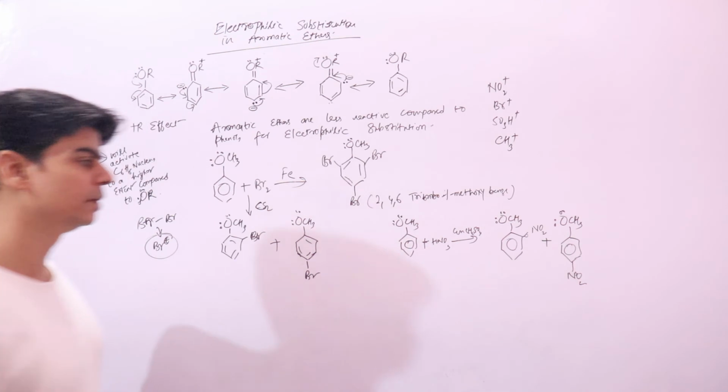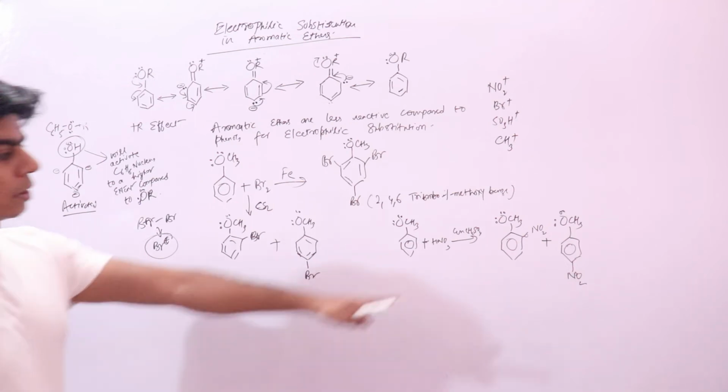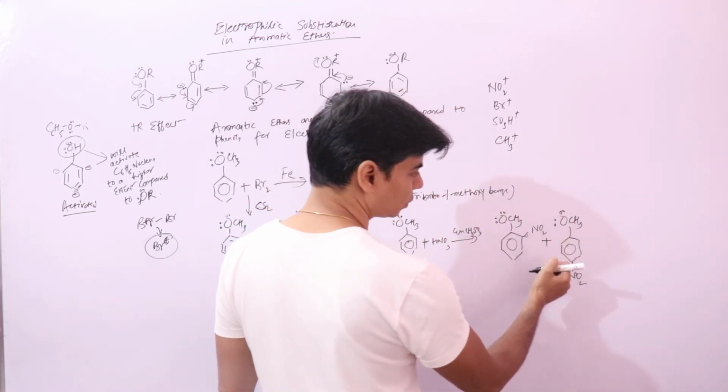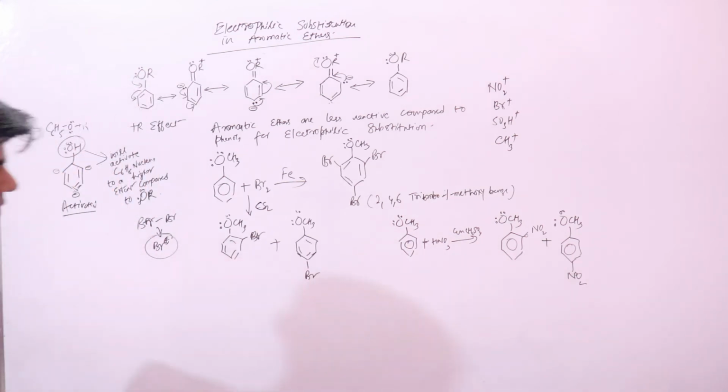And the para product is named as, this is at position 4, so this is 4-nitro 1-methoxybenzene, right? Just know how to name these.